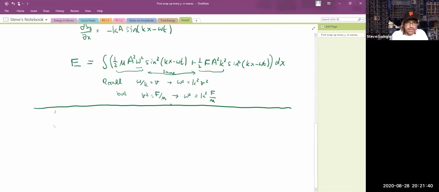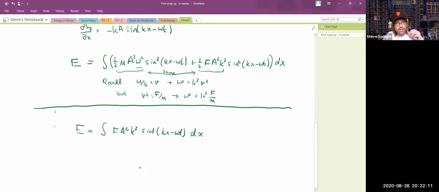With this substitution, you get something like this: E is equal to the integral, and since they're exactly the same, you can just add them up, and the 1/2 goes away, and I get F A squared k squared sine squared kx minus omega t dx. Now, there's a couple of other things I want to point out here.